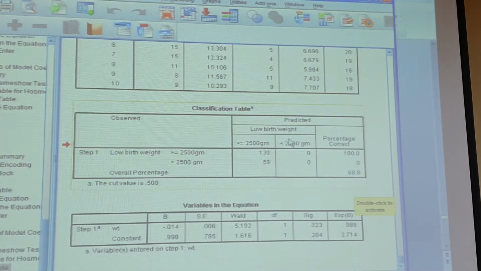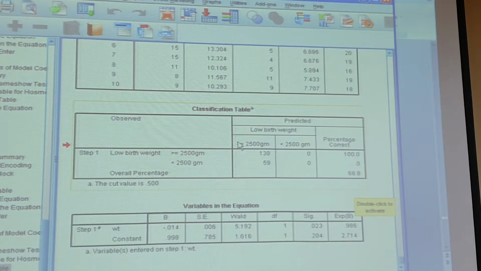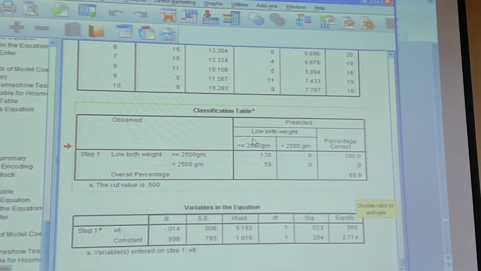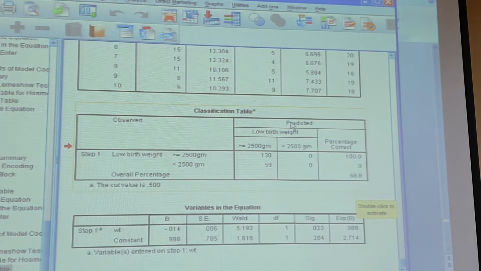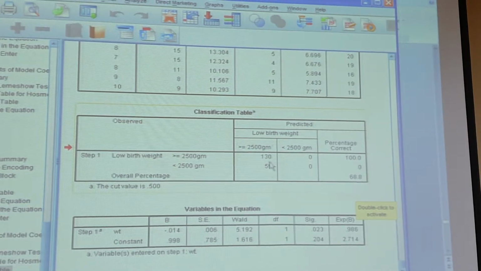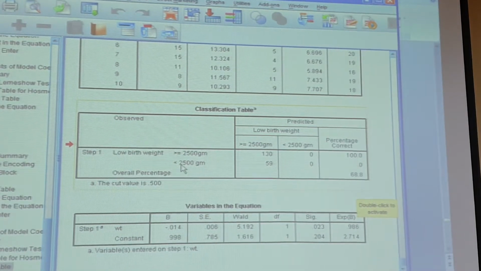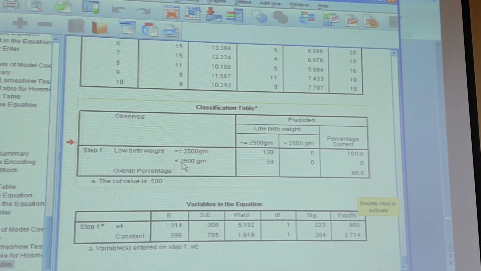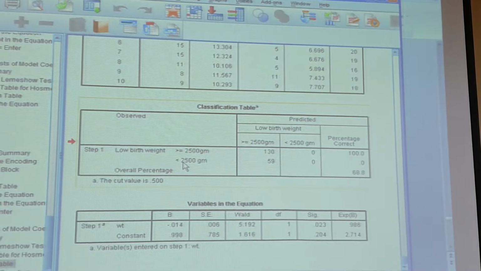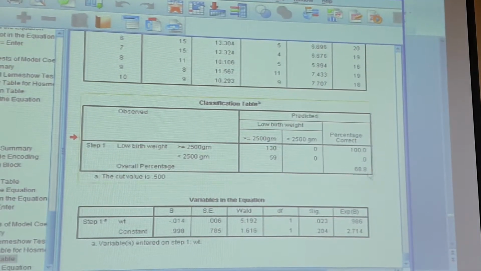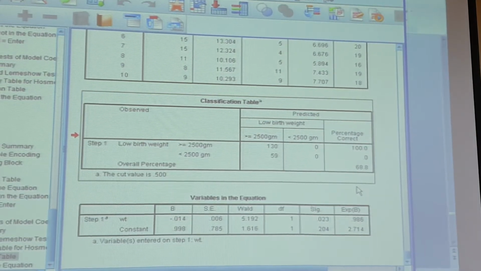Because the predicted, from the formula, said normal weight, but the real data said low birth weight. So we predicted wrong, right? Here, this is the overall percentage of the prediction.